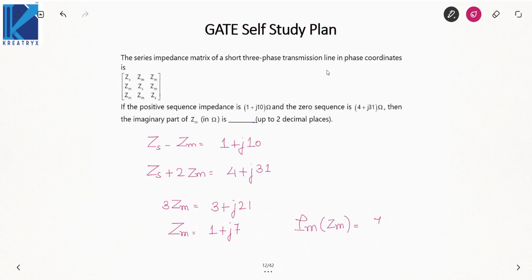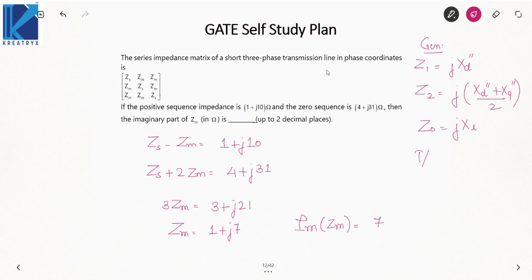It will be 7. You should know for a generator, positive sequence impedance is jXd double dash. Negative sequence impedance is (Xd double dash plus Xq double dash) by 2 and Z0 is jXl.